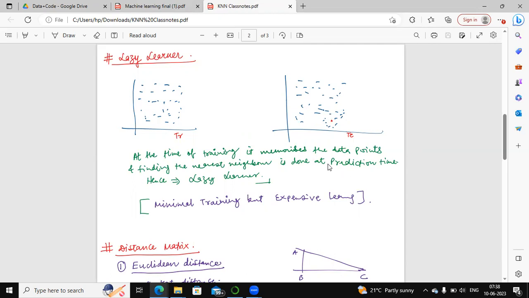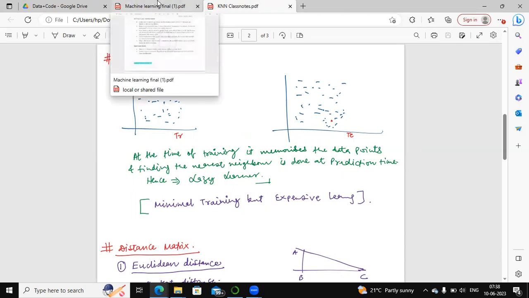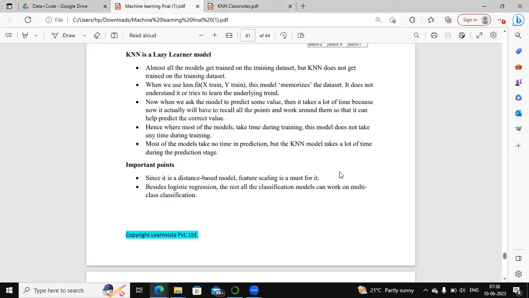It always tries to remember for each and every unknown quantity, and based on that only it is going to tell you to which class it belongs. Hence, where most of the models take most time during training, this KNN model does not take more time during training. Most of the models take no time in prediction, but KNN takes a lot of time for the prediction stage.